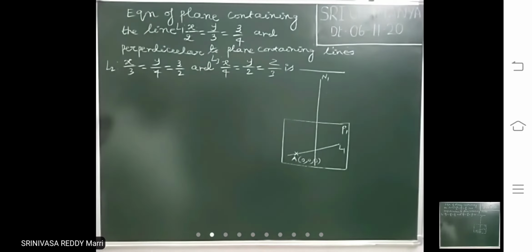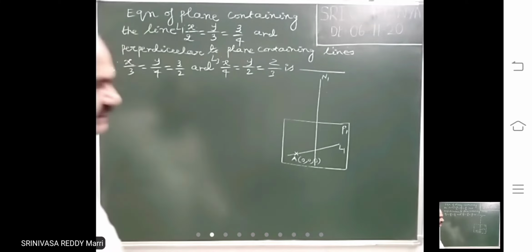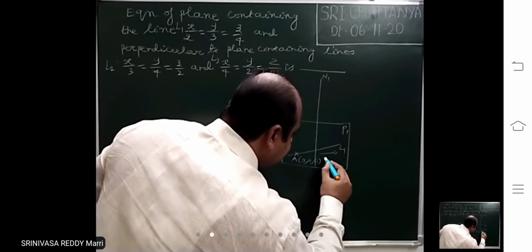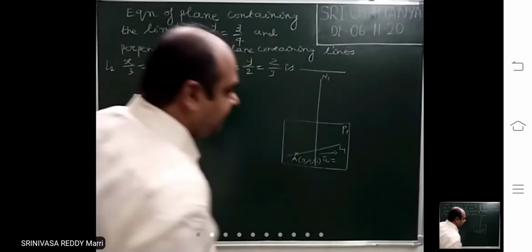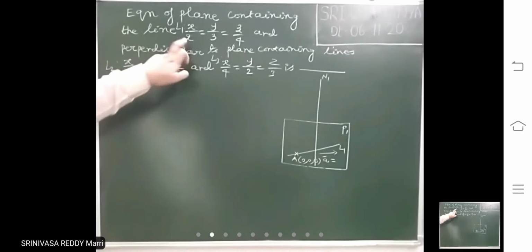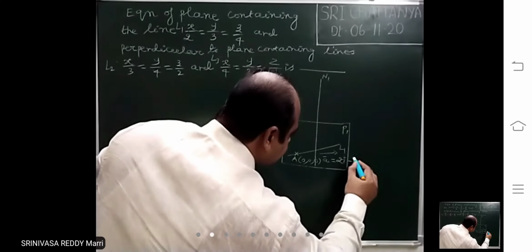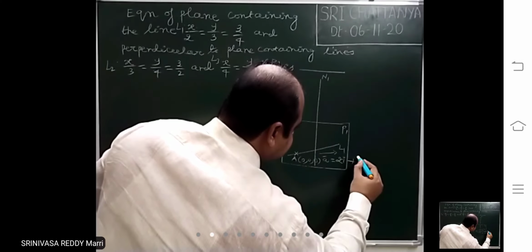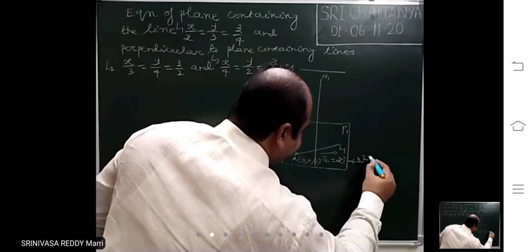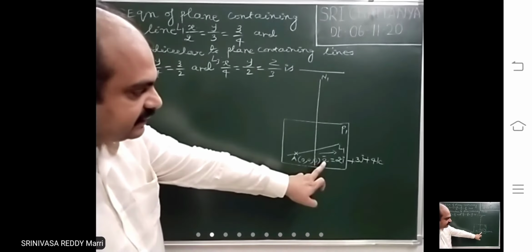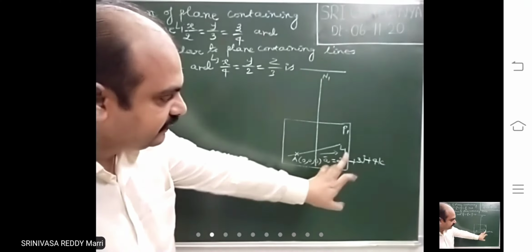N1, let us say normal, and this line has also a direction vector, let us say A bar. Direction vector for this line is 2i plus 3j plus 4k. This direction lies in the plane, right?